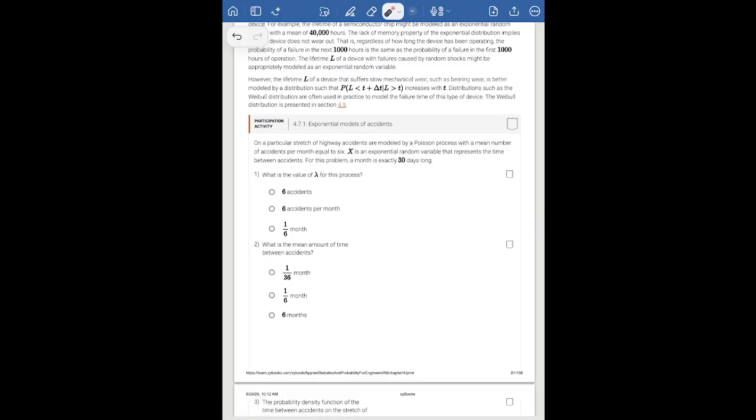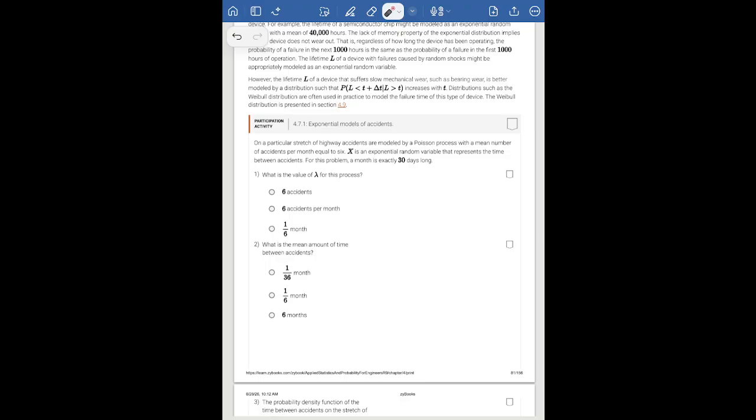We can use these exponential models to model accidents. You can have, for example, a stretch of highway modeled by a Poisson process with mean number of accidents per month, or per mile rather, be your Poisson process.